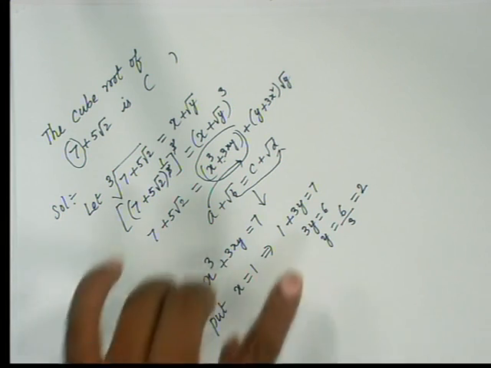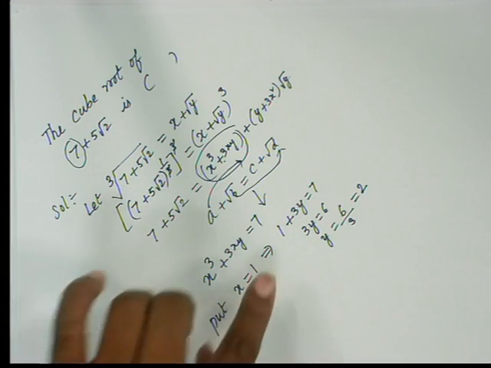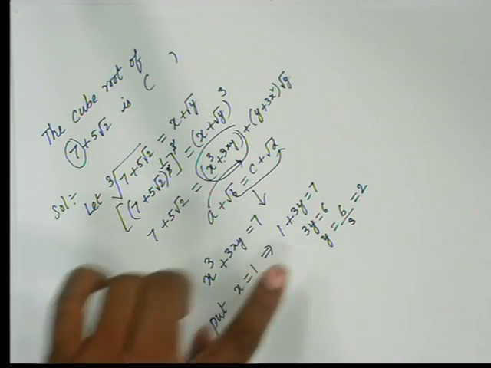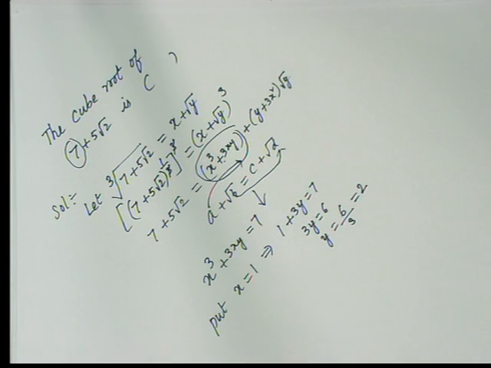Here, if you put x is equal to 1, that means by putting x is equal to 1, if you get the y value directly as an integer, stop. That will be our answer. So, our purpose will be solved in this case. So, x is equal to 1, y is equal to 2, both are integers.